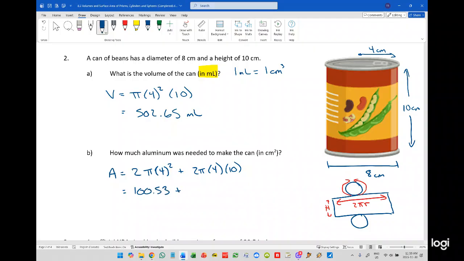And the area of the lateral surface, 2 times pi times 4 times 10, is 251.32. And that should give us a grand total of 351.85, I believe, centimeters squared.